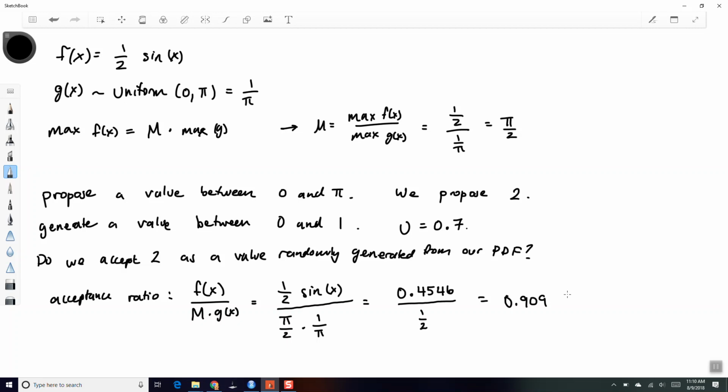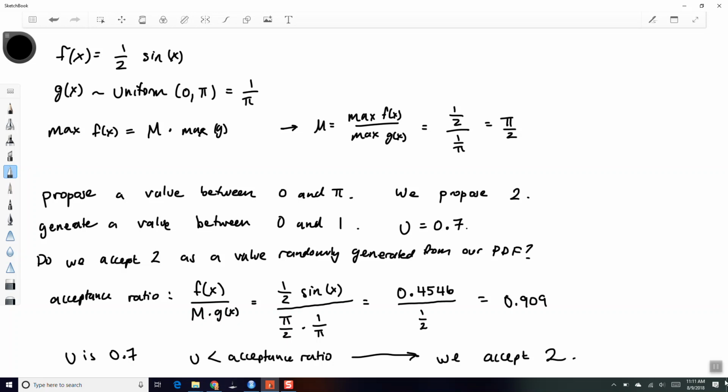Is that okay? All right. And then the value u that I got, u is 0.7. U is less than my acceptance ratio. So that means we accept 2.